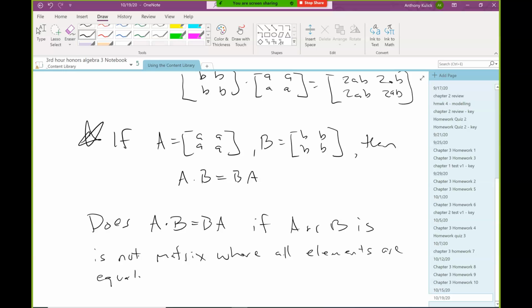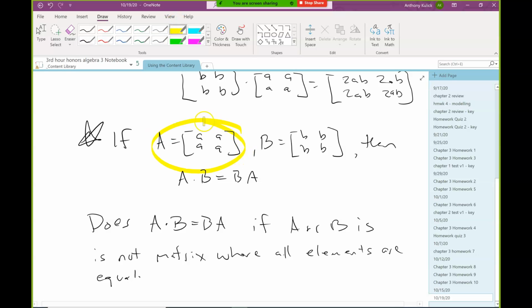You know what I mean, guys? You know how we had here, A was all one number and B was all one number. Can we do that if neither of those two things are true? If all the elements in A aren't equal and all the elements in B are not equal, can we get this to work still?